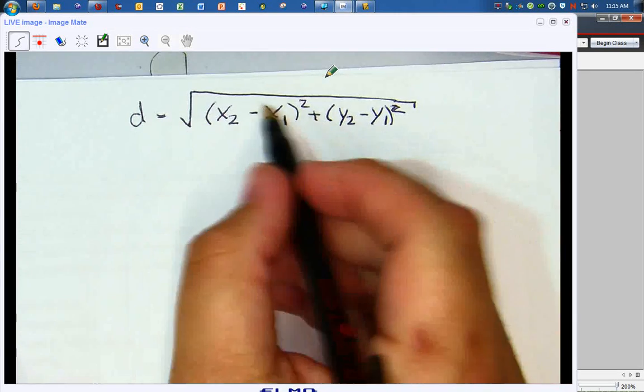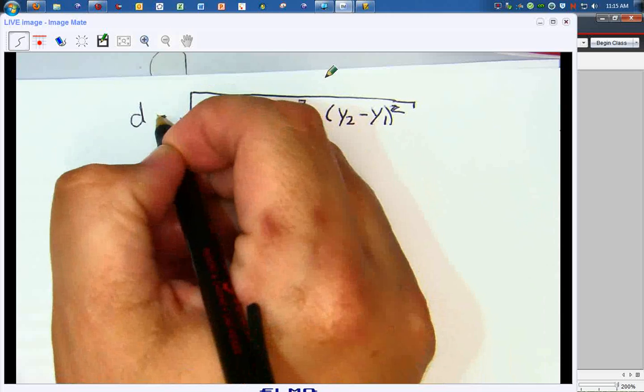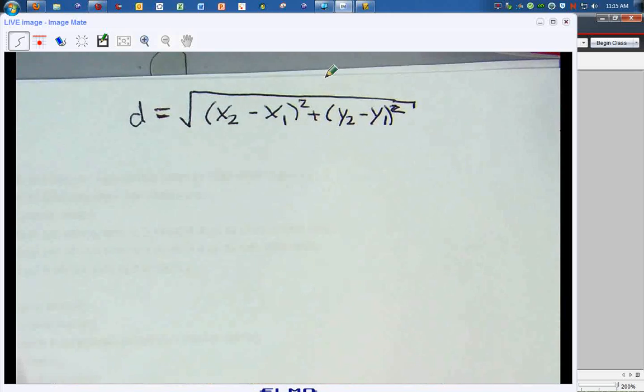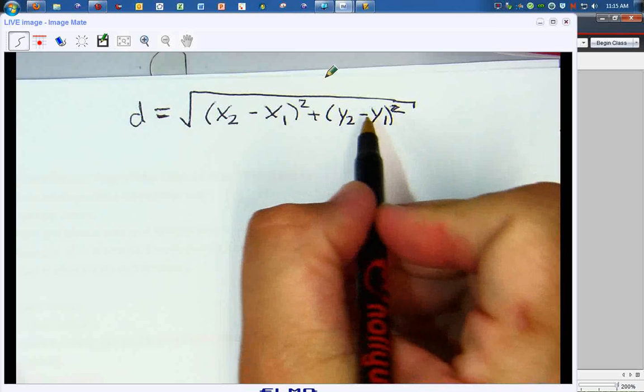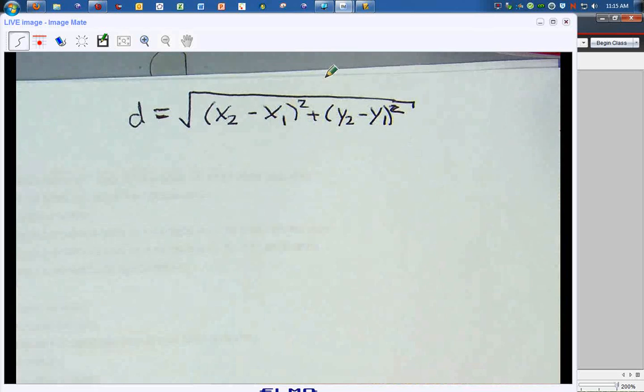So we have this formula that we're going to actually use. We want to find the differences of the x's, and the differences of the y's. And I'm going to show you a couple different ways that we can use this.